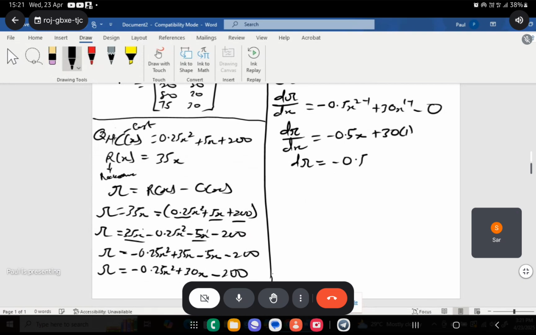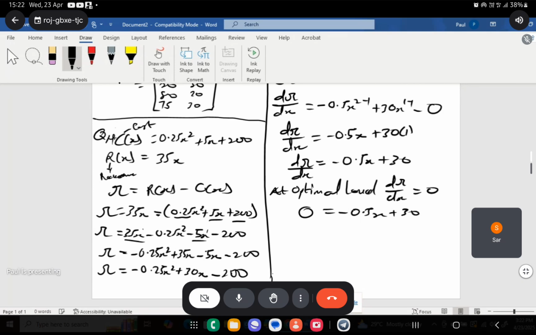minus 0.5x plus 30. And I'm saying that at optimal level, the derivative of profit over x is equal to 0. So we can say that 0 should be equal to minus 0.5x plus 30.